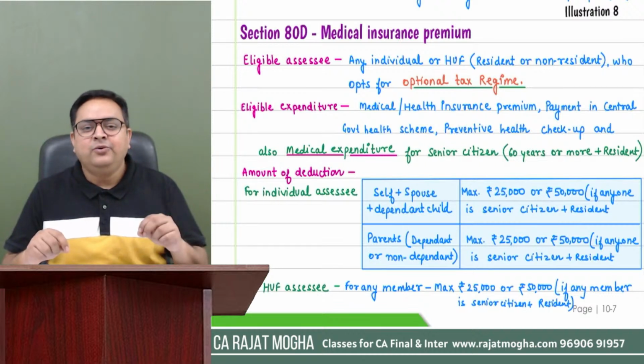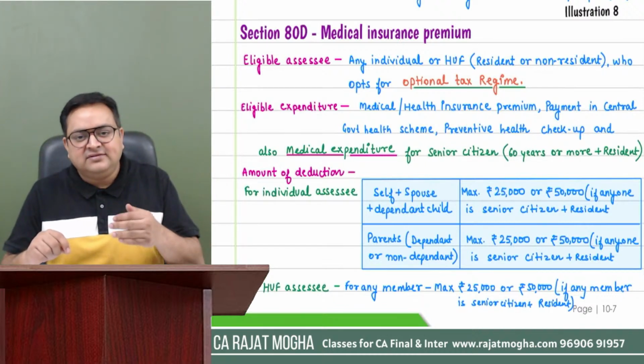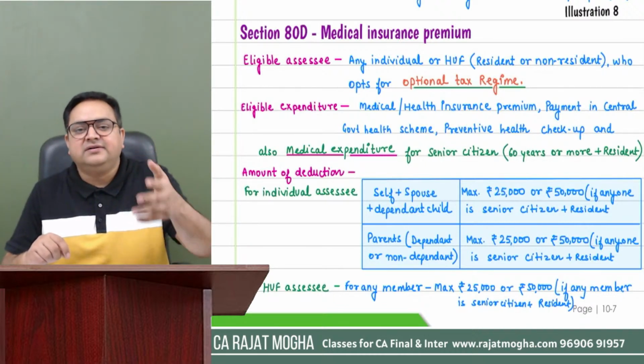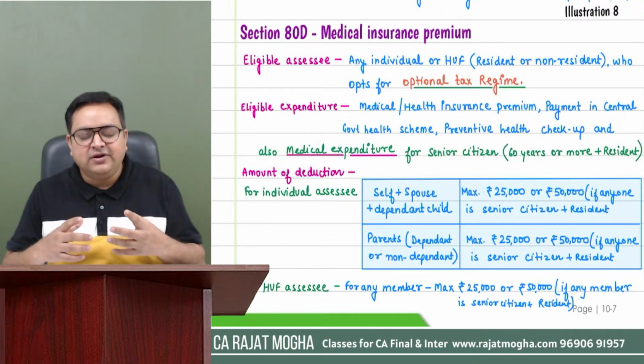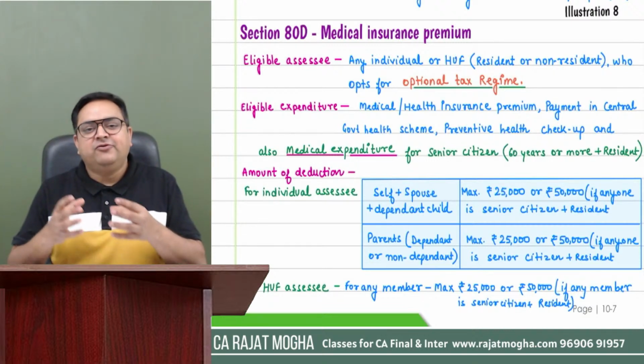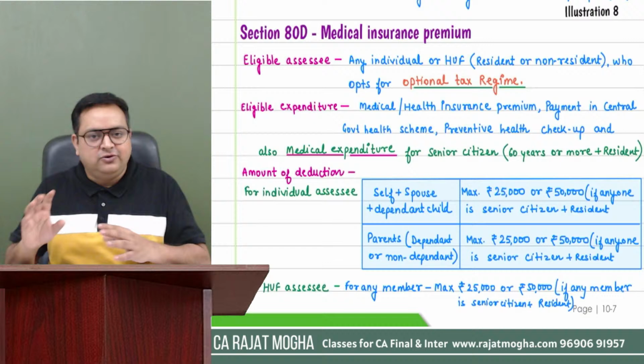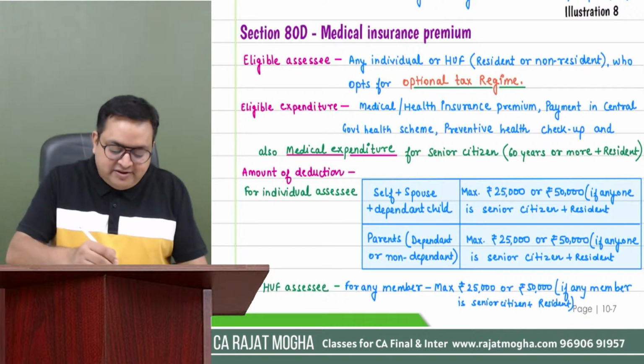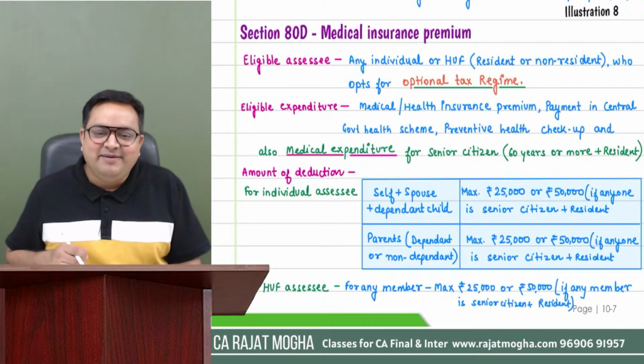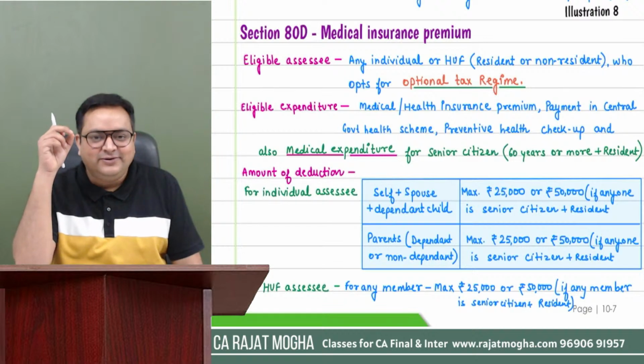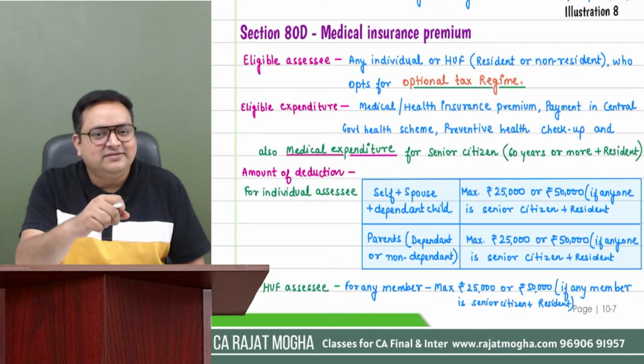CGHS scheme is also allowed. And the third thing is, if the assessee or their parents are senior citizens and are not getting insurance, then if they are making a payment for their medical treatment, that is also allowed.